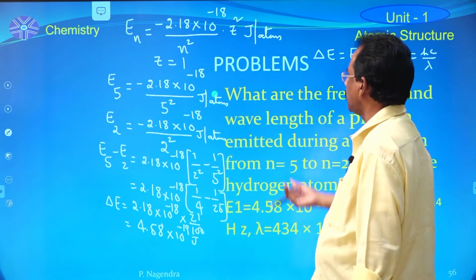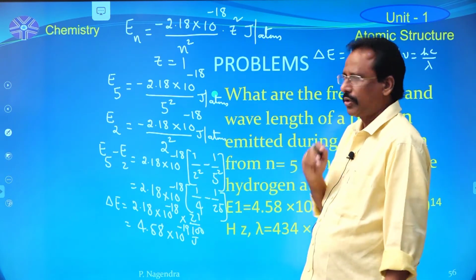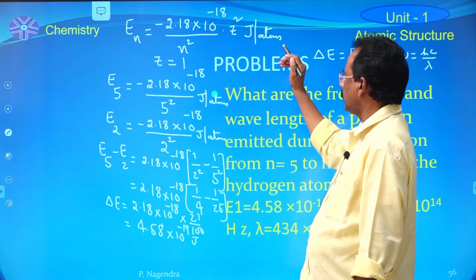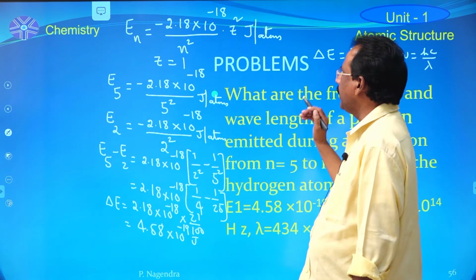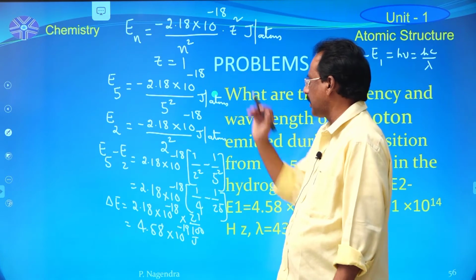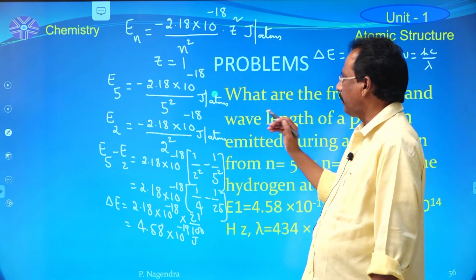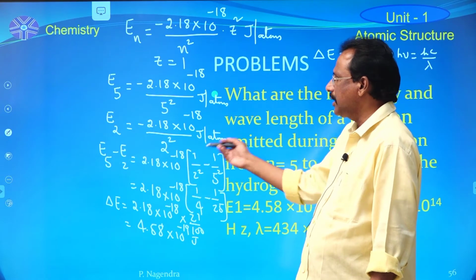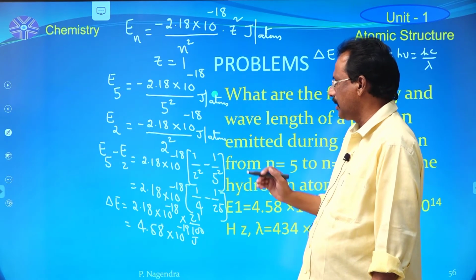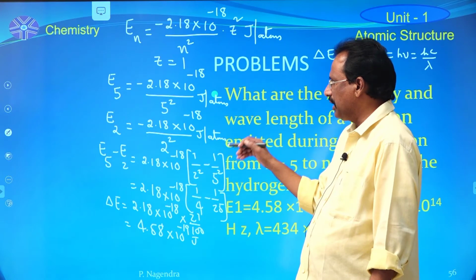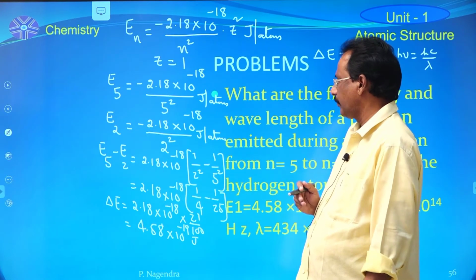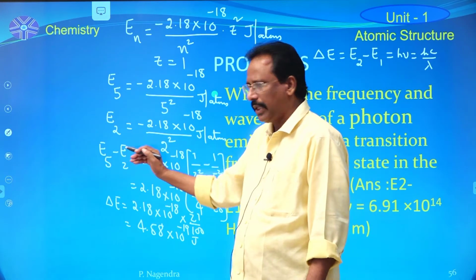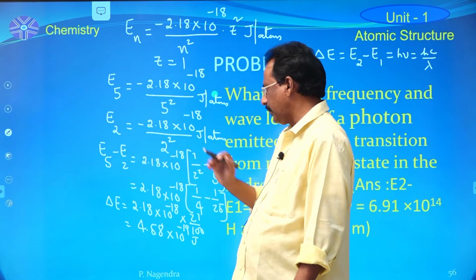See once again, this is the original formula according to Bohr's theory in joules. For the hydrogen atom, Z is equal to 1. Now apply E5 and E2, and the change in energy delta E is equal to E5 minus E2. Here this is the higher orbit number and this is the lower orbit number.